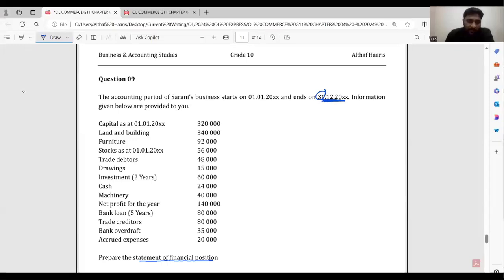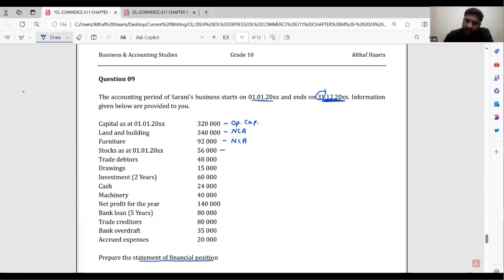This capital is the opening capital, but what we need is the closing capital. But let me write down opening capital. Land and building, it's a long-term asset, non-current asset. Furniture also, a non-current asset. And this is the opening stock because this is the starting date.